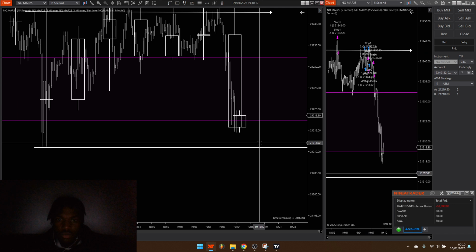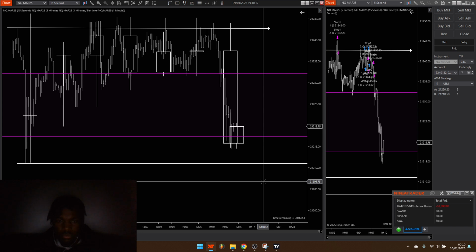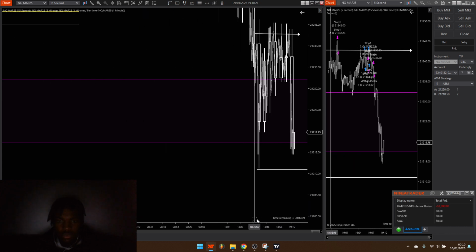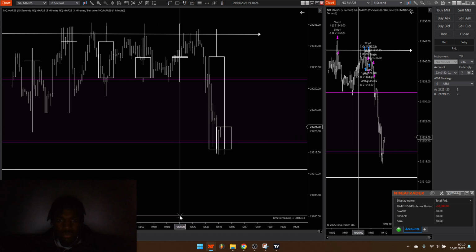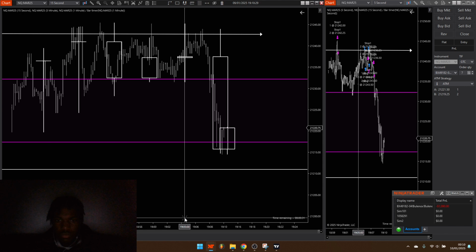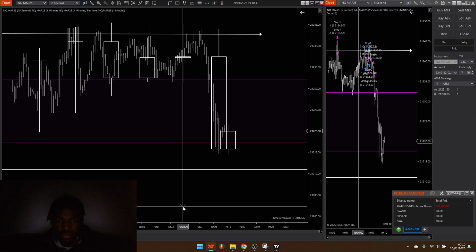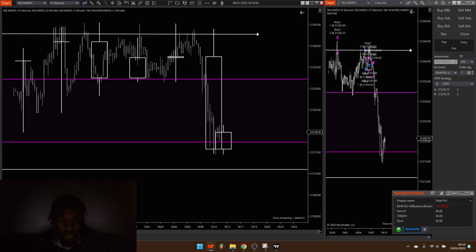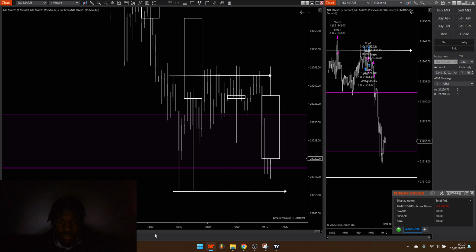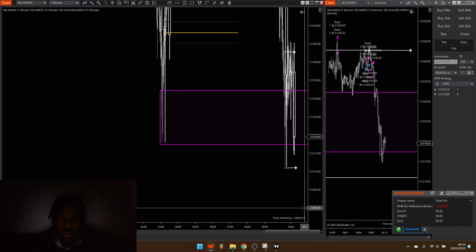See a closure out of three. Got 1 minute. But this is a high time frame low though. That 1 minute don't mean shit.